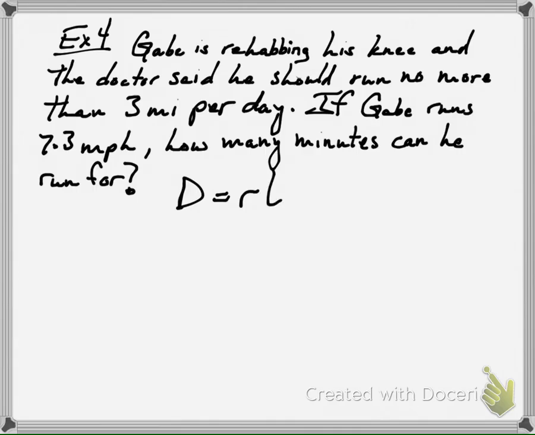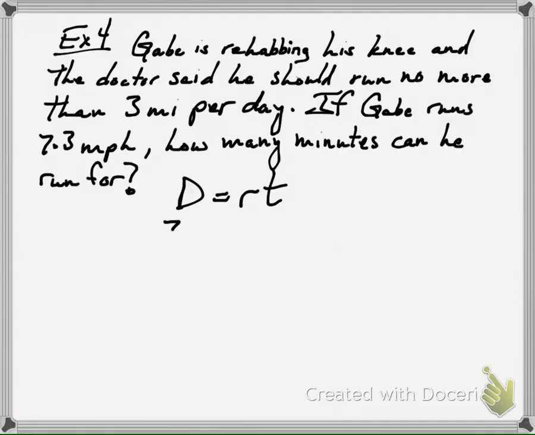Well done. Okay, so now I know it's not going to be an equals because we're doing no more than, and so that tells me we're going to throw in an inequality sign. My distance, what would that be? Is that my 3 miles or my 7.3 miles per hour? That's right, 3 miles.